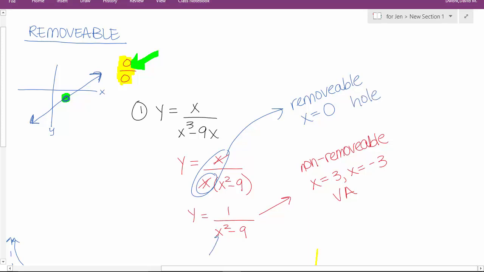And again, if I put 0 in, I can determine where the hole would be. Because this ending simplified fraction or rational equation does not have any issue with x being 0, if x is 0, I get -1/9. And again, that y value of the hole is going to be very important for us to find in the future here.